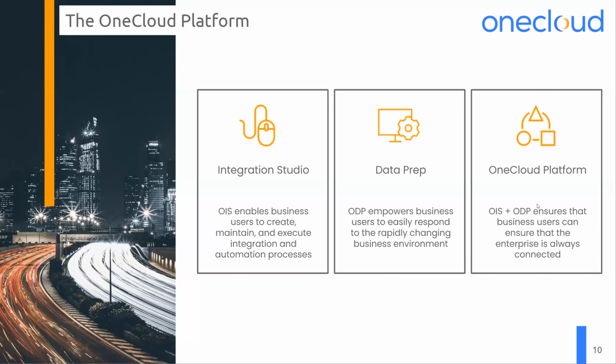And so just in summary, before we get to questions, Integration Studio, what is it? It's the product that you formerly knew as OneCloud. It enables the business users to create, maintain, and execute both integration and automation processes. Again, in that ETL acronym, it's the E and the L. Transform, handled by Data Prep.